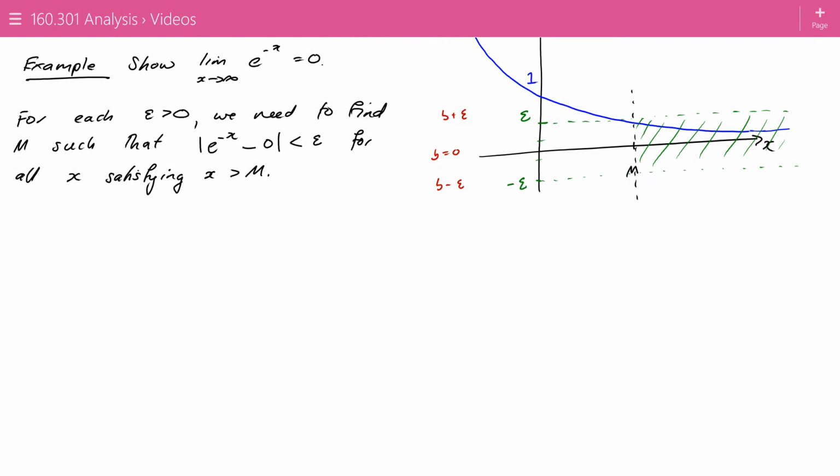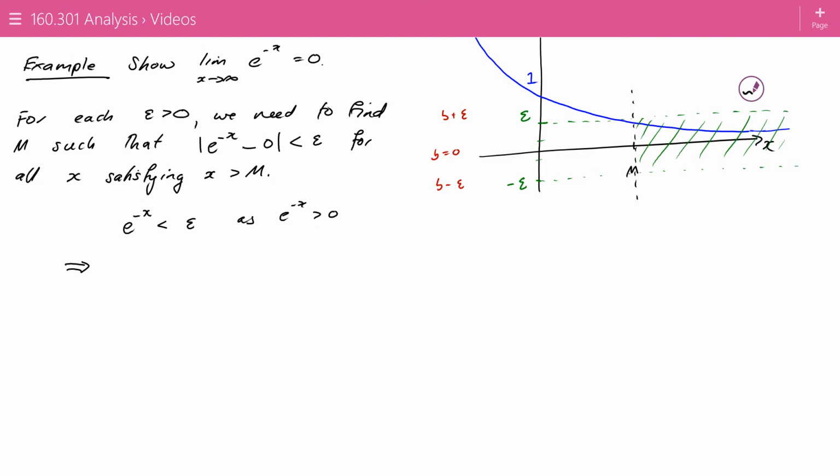We can start from the inequality and see if we can use this to derive an m that depends on epsilon somehow. So our inequality is e to the minus x is less than epsilon, as e to the minus x is greater than 0.